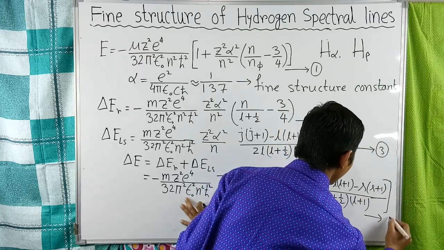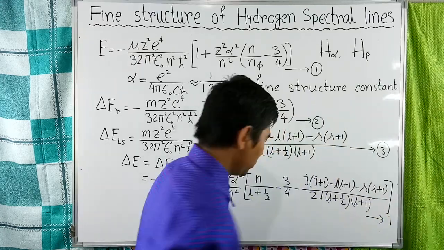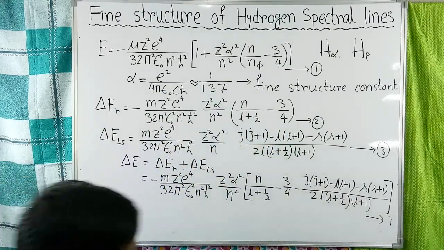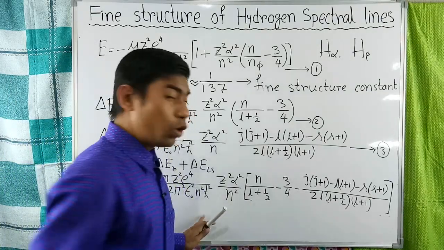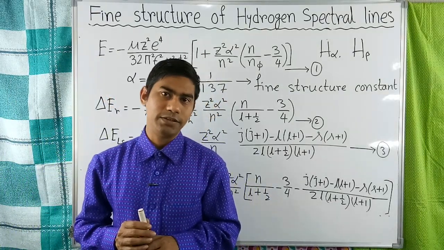Suppose this is equation 4, so this is the total correction for energy.